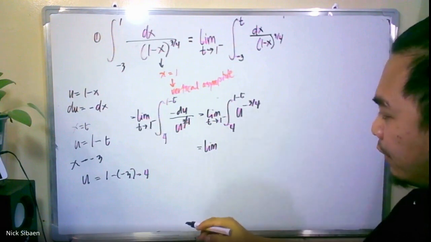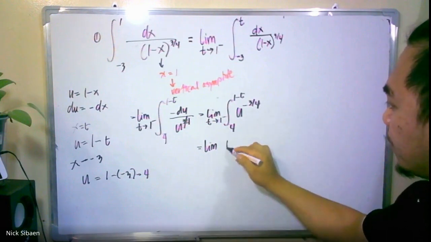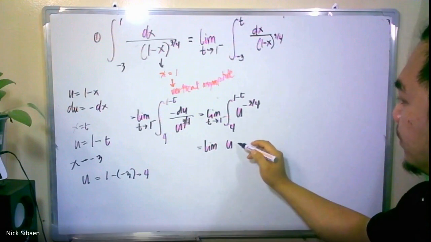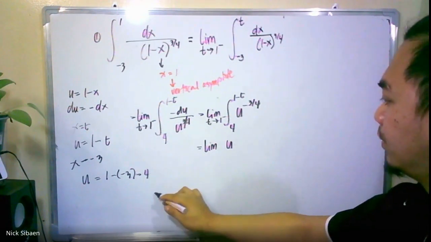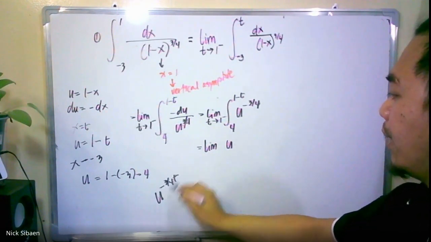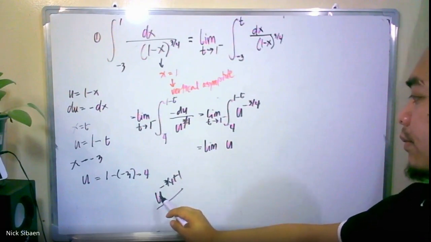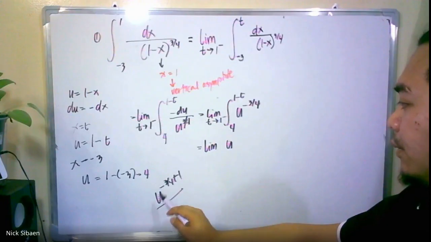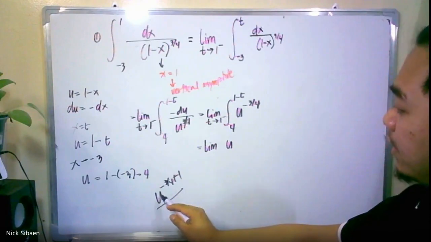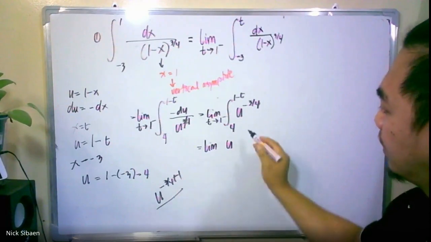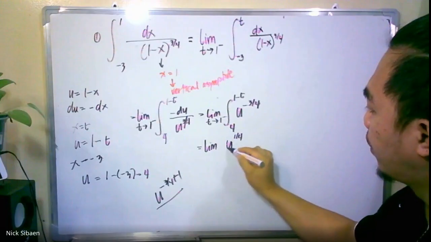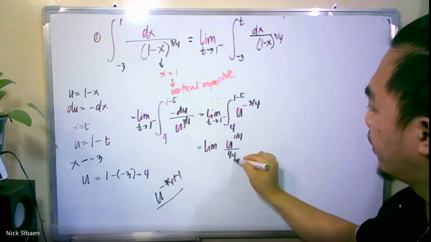What is -3/4 plus 1? 1/4, sir. Plus 4/4. So positive na siya, di ba? Yes, sir. 1/4 over 1/4.